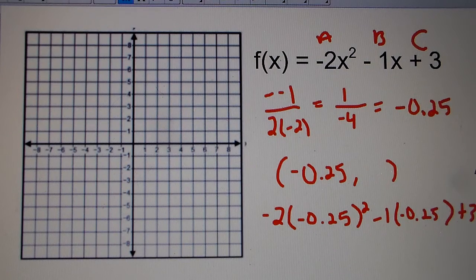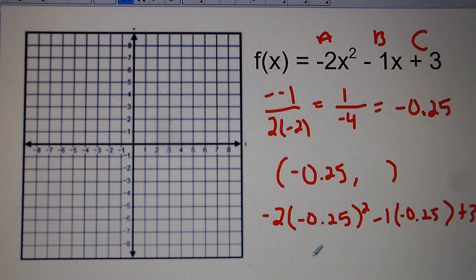I'm going to put that into our calculator. Negative 2 parentheses negative 0.25 close parentheses squared minus 1 parentheses negative 0.25 close parentheses plus 3. And we get 3.125.